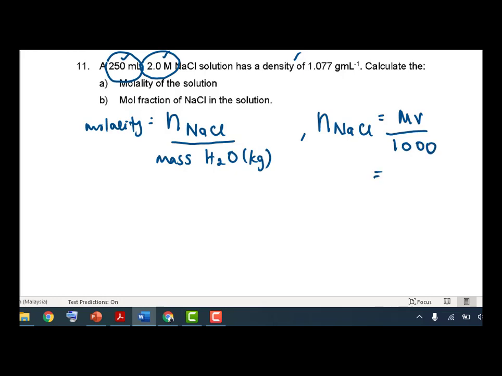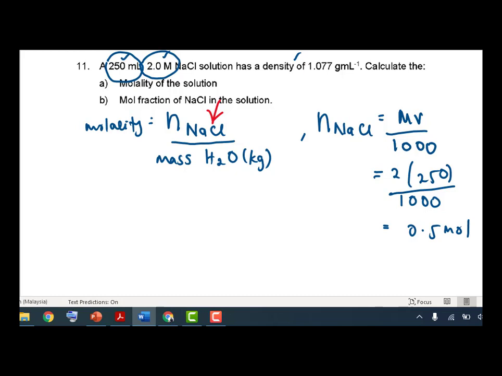The molarity given is 2 molar times the volume of 250 ml, which you have to convert to liter, so divide by 1000. So the mole of NaCl is 0.5 mole. You insert it here. Then how to find the mass of water in kg? What else is given? The density. Right? What is the density?